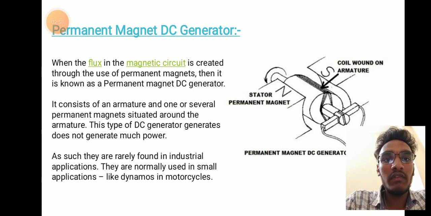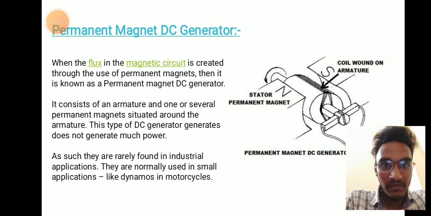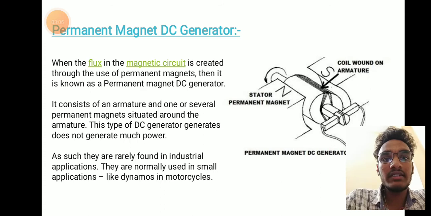This type of DC generator does not generate much power. As such, they are rarely found in industrial applications. They are normally used in small applications like dynamos in motorcycles.